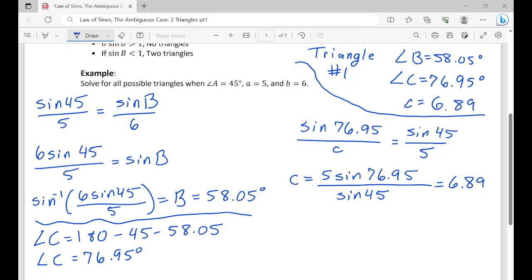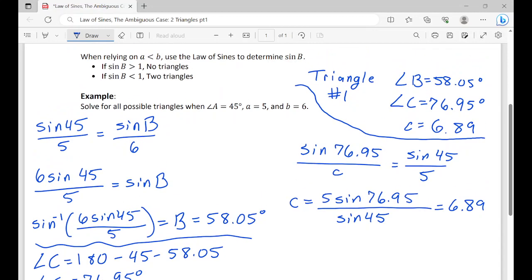But again, don't take my word for it. How do we know that there are two triangles? Well, we can figure that out by knowing this fact here. We used the fact that A is less than B. So if sine B is less than 1, there are two triangles.